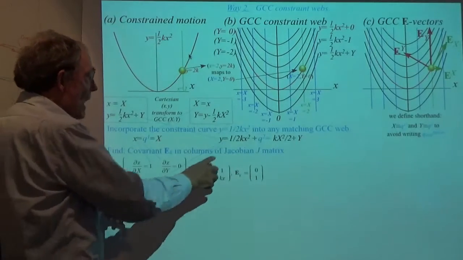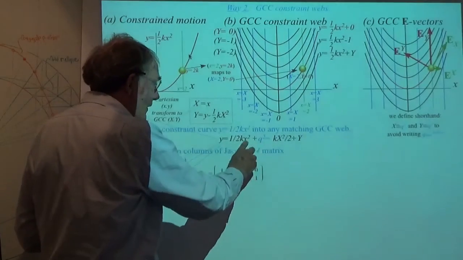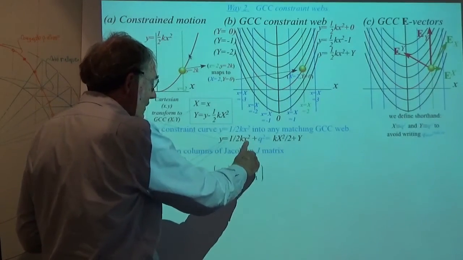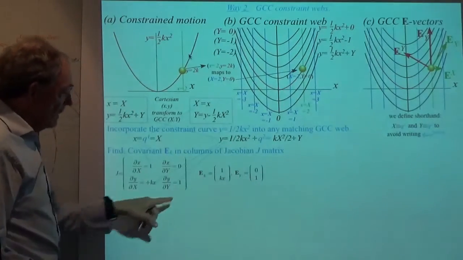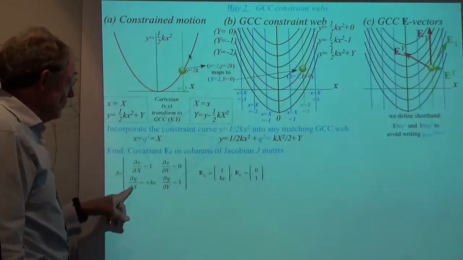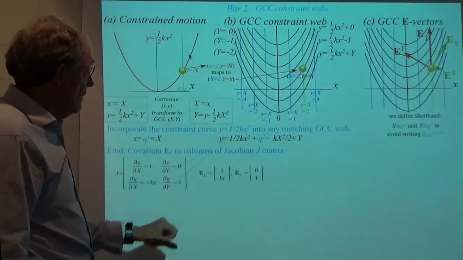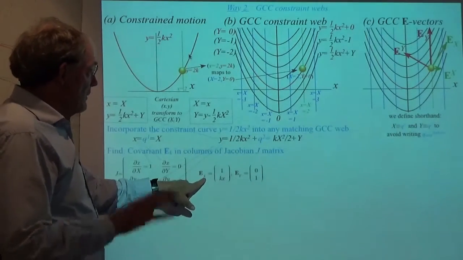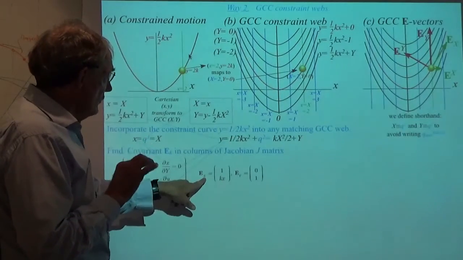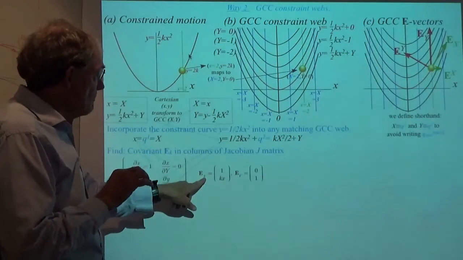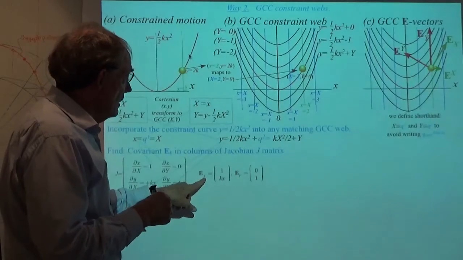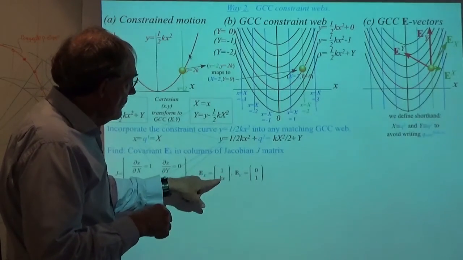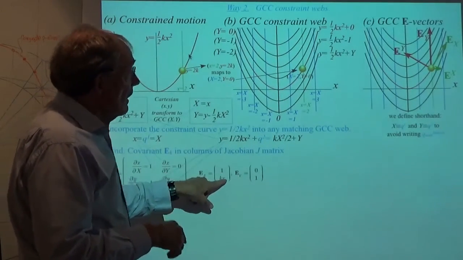But for the y, which has Cartesian x in it, I get two components of the Jacobian matrix, kx and 1. So I get an E sub first GCC, which is uppercase x. I'll just call that x mostly from now on. That's 1 and k times x.